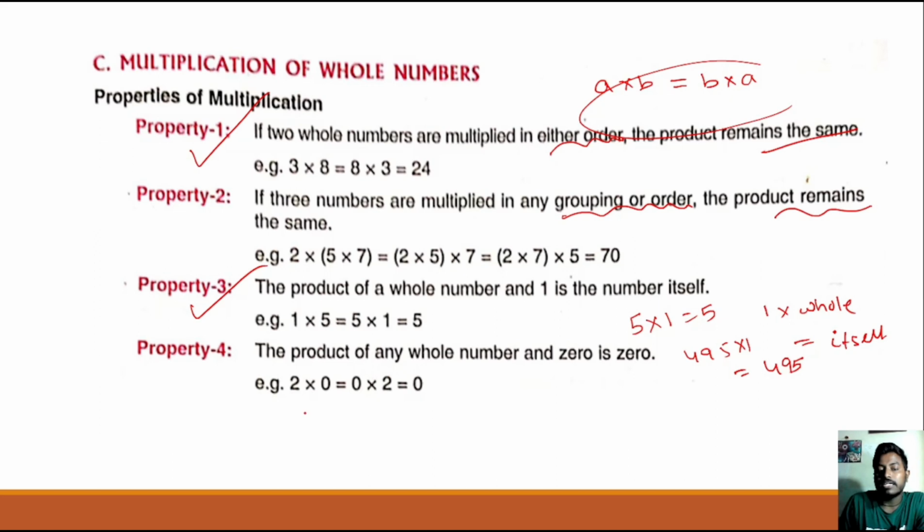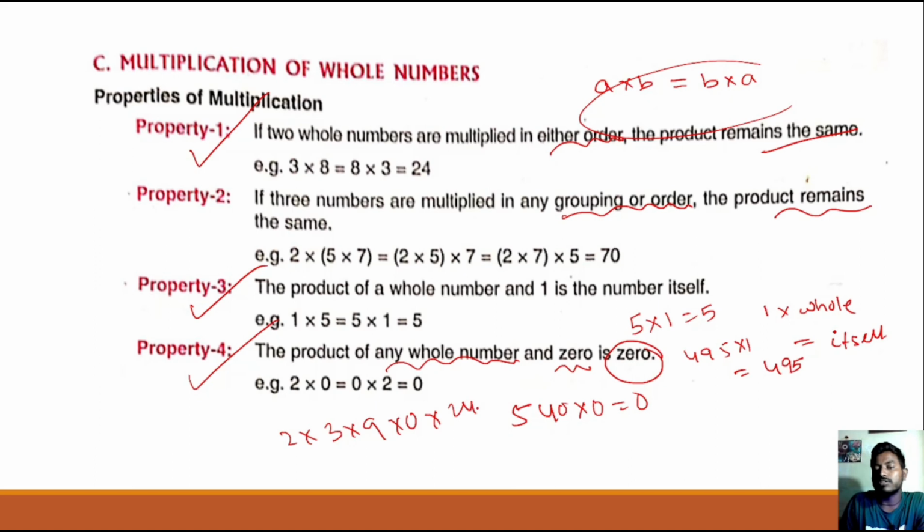Property 4: the product of any whole number with 0 is equal to 0. For example, 540 into 0 is equal to 0. 2 into 3 into 9 into 0 into 245 is also 0, because 0 is there. When you multiply 0 with any whole number, the result is 0.